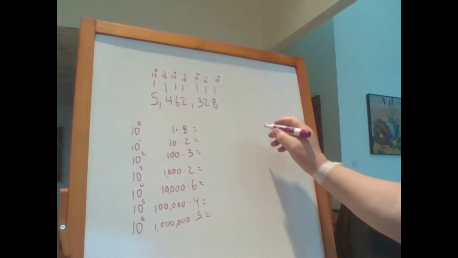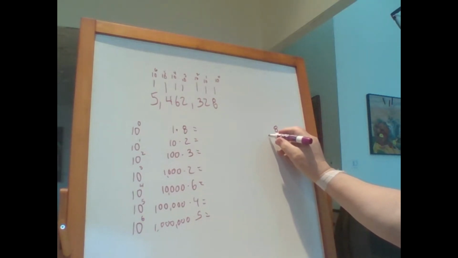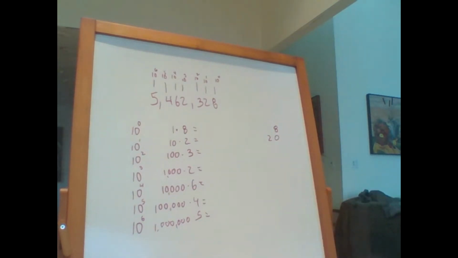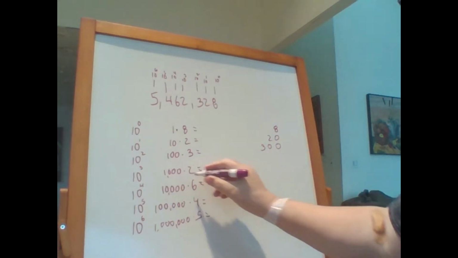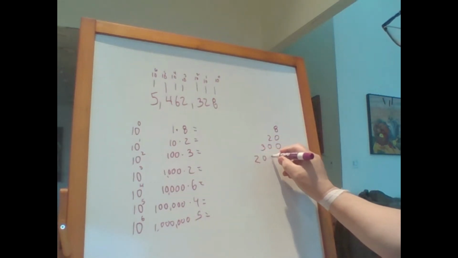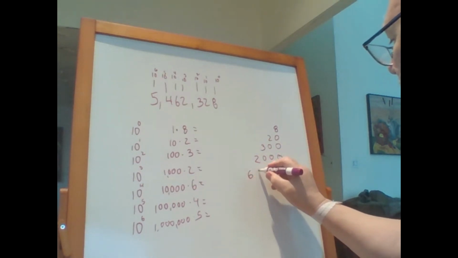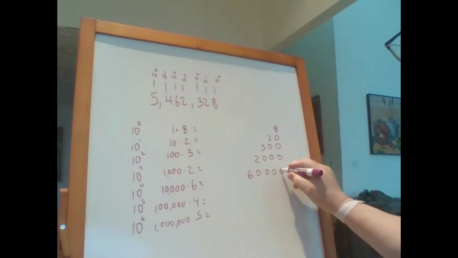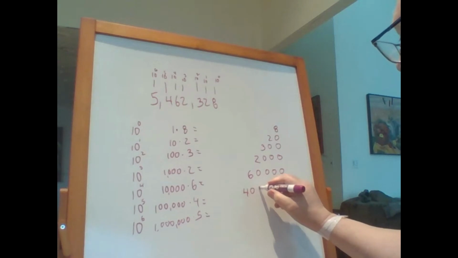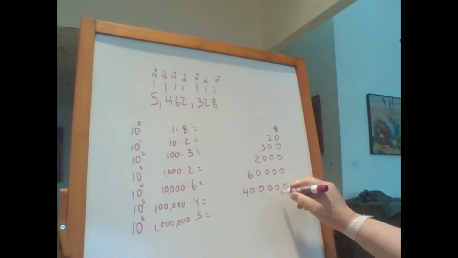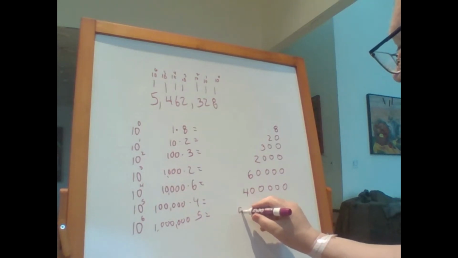we add them up. So that's 8, that's 20, that's 300, that's 2,000, that's 60,000, that's 400,000, and this is 5 million.